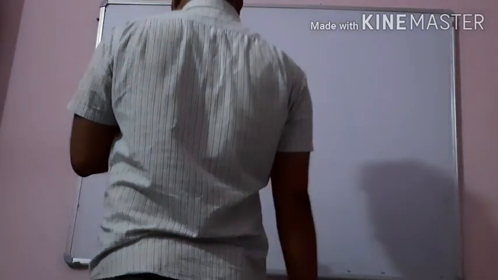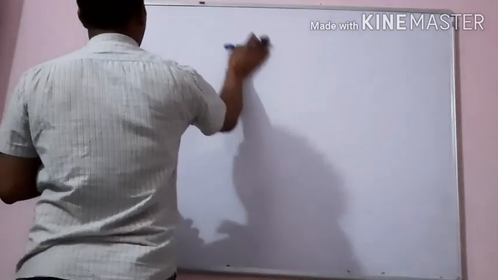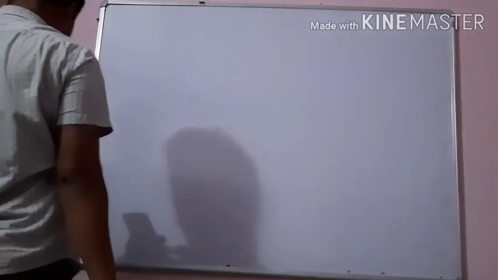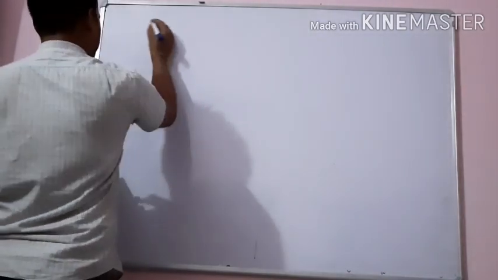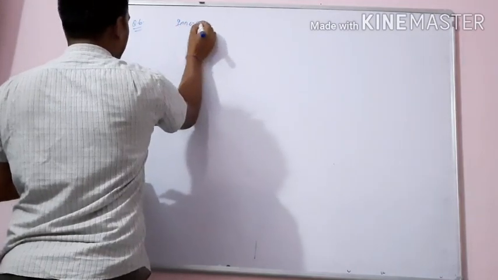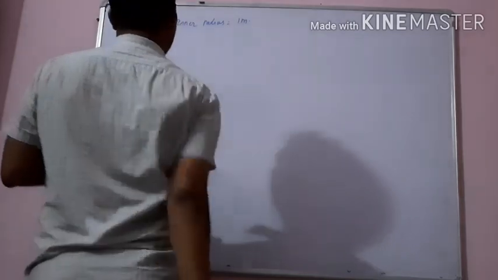If the inner radius is 1 meter, then find the volume of iron used in making the tank. Here in question number 6, the inner radius is 1 meter.